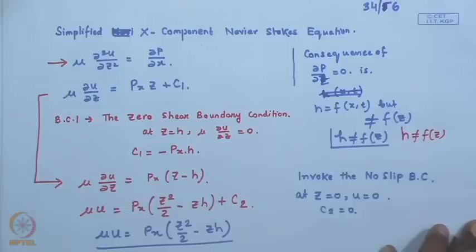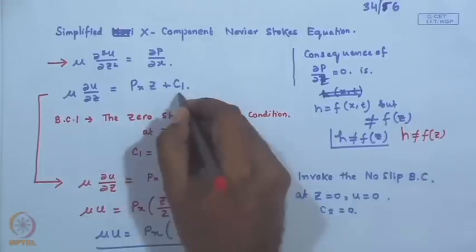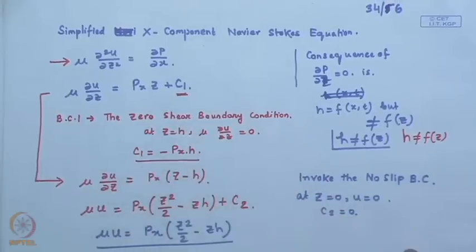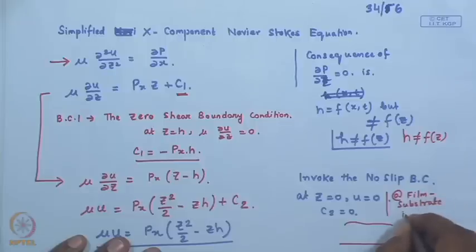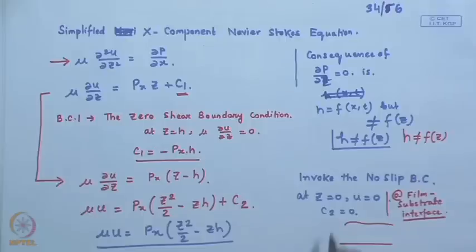The first boundary condition we invoked is that of a zero shear boundary condition, which tells that at a free interface the shear stress is 0. So we plug that in to get the first constant of integration. And the second boundary condition we have invoked is the no slip boundary condition at the film substrate interface, which gives us C2 is equal to 0.